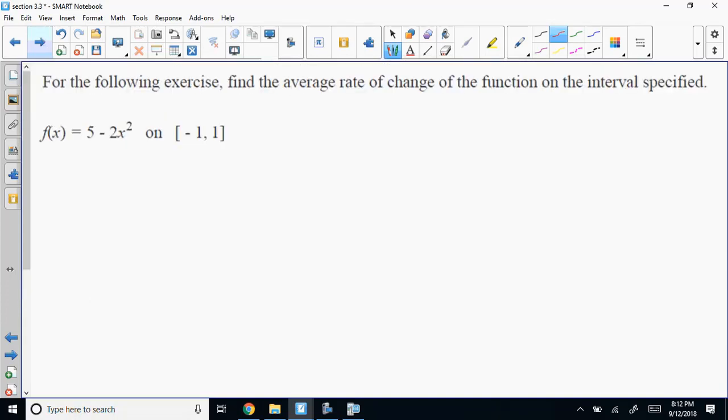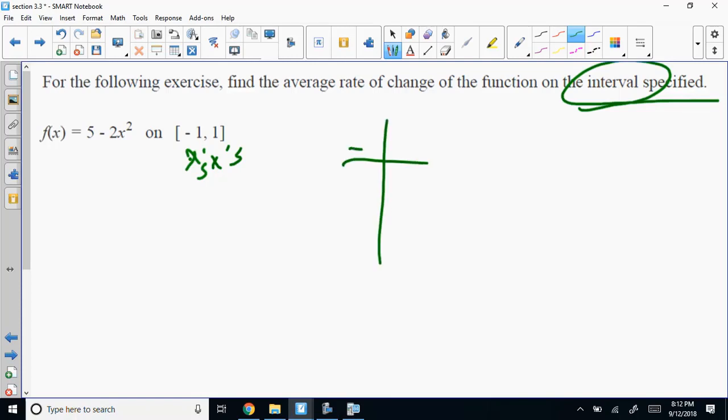All right, so we're going to start out. We're going to look at the average rate of change on this function on the interval specified. Now, I'm going to tell you, guys, these are x's. How do I know they're x's? See that word? Interval. Interval notation. So here we go. You're basically creating a t-table, guys.